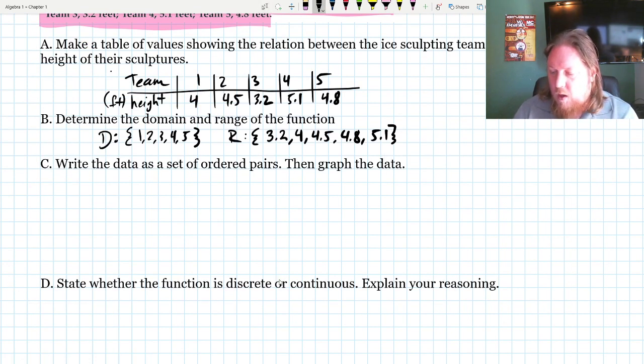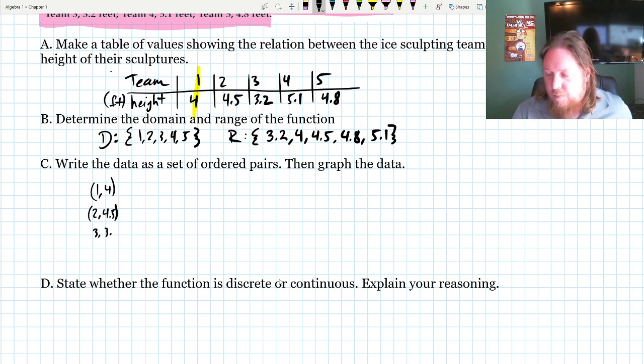So I'm just going to match up each one of these columns in my table and make that an ordered pair. So 1, 4, 2, 3. Oh, sorry, that's not right. 2 comma 4.5, and 3 comma 3.2, 4 comma 5.1, and 5 comma 4.8.